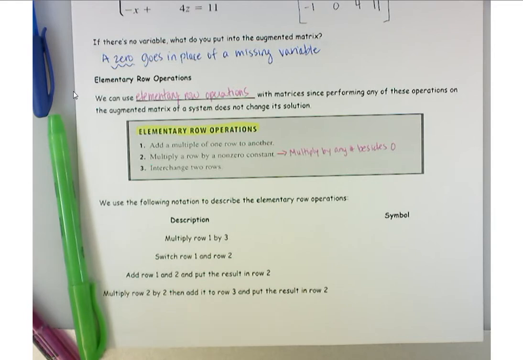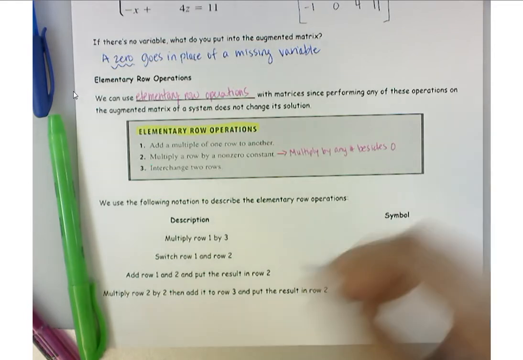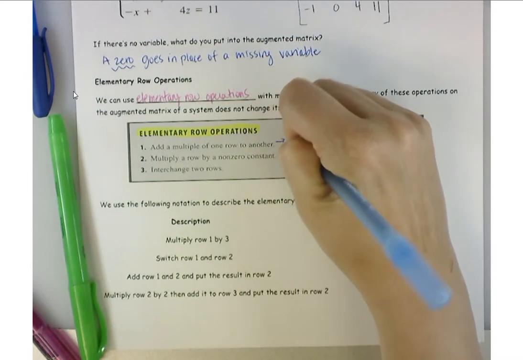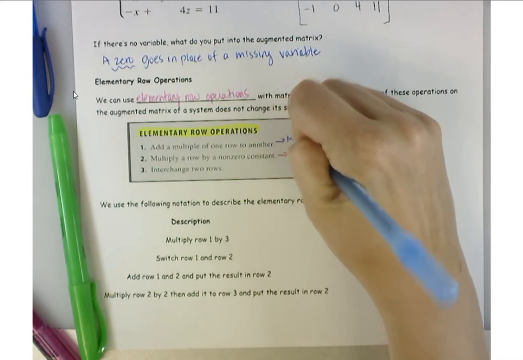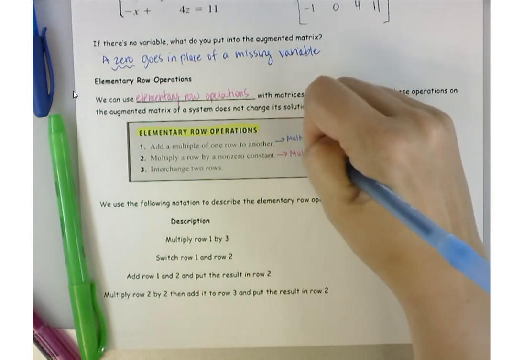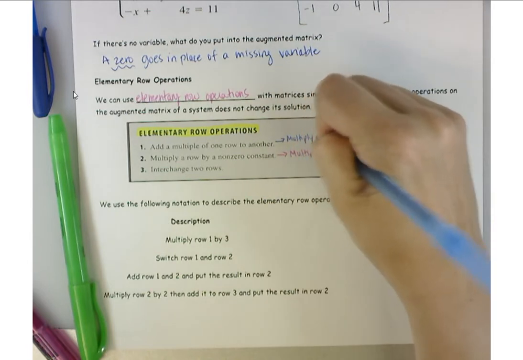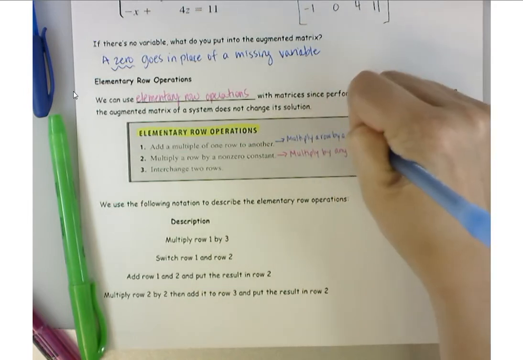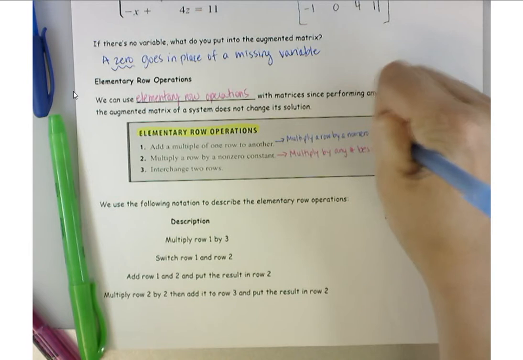Okay, so when you add a multiple of one row to another, what you're doing is you're multiplying a row by a non-zero constant. So that's why I wanted to do the second one first.